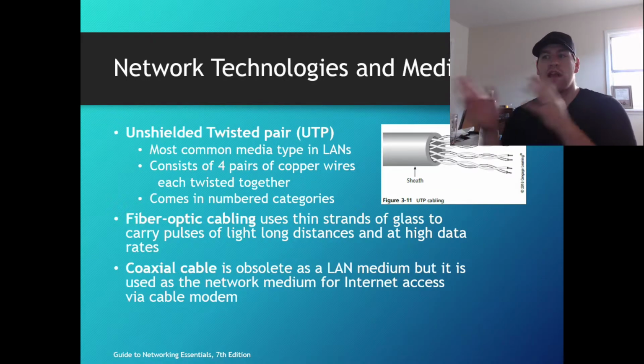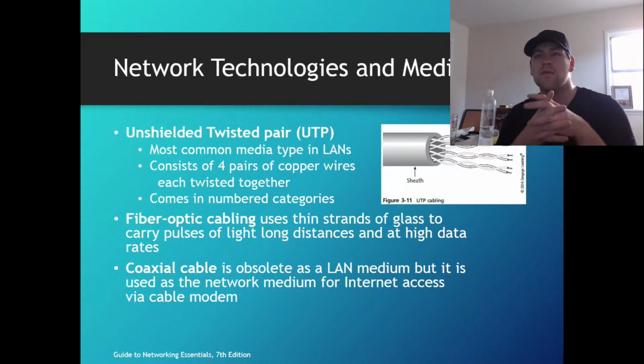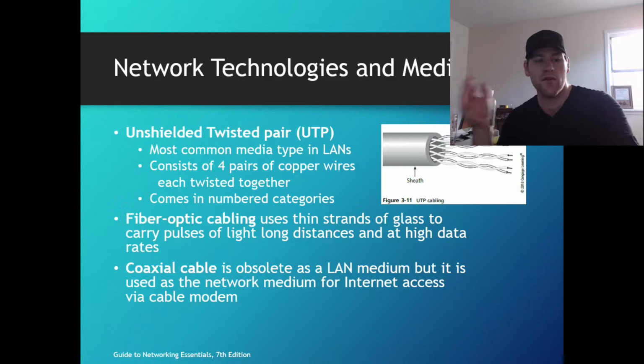getting the signal from point A to point B with the least amount of errors, and we'll delve into that in a little more detail. I'm not an electrical engineer, so I can't explain it in thorough detail so that you have a very thorough understanding of why, but I can give you the general terminology.